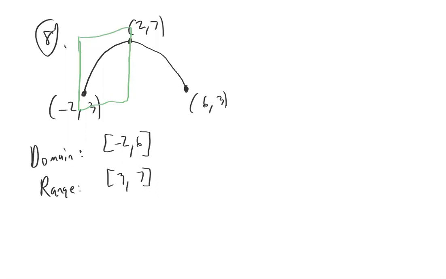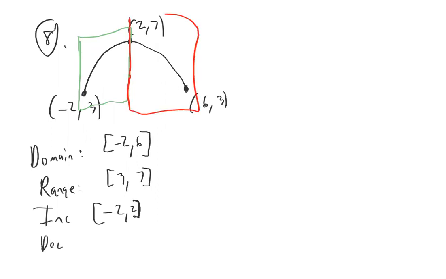And that's increasing from x equals -2 to +2 from left to right. And then it's decreasing from there to there, so from 2 to 6.